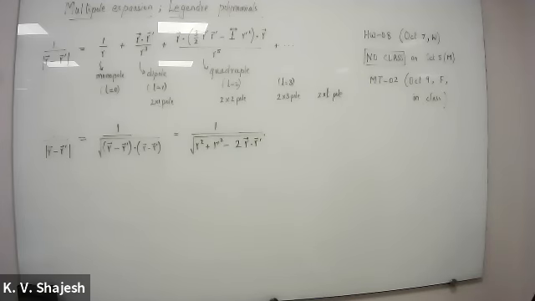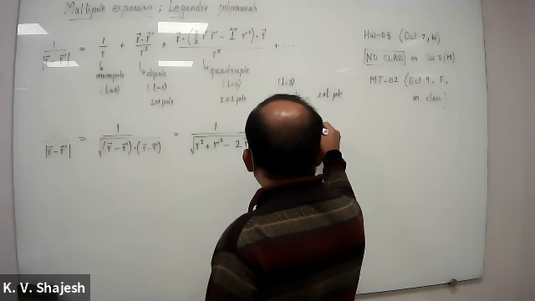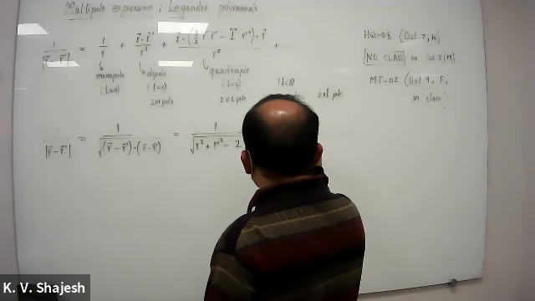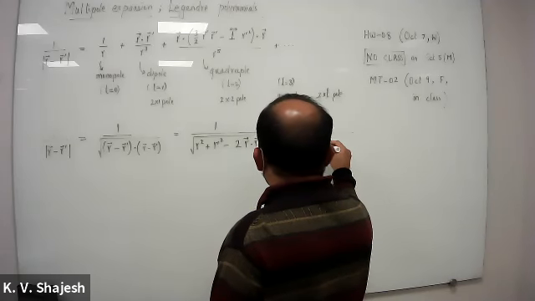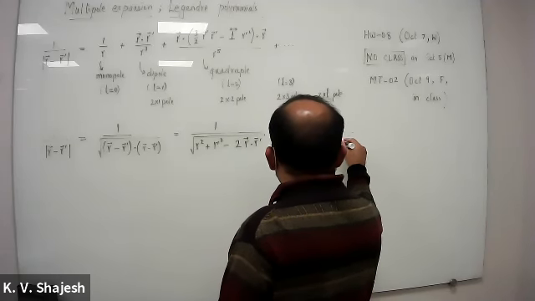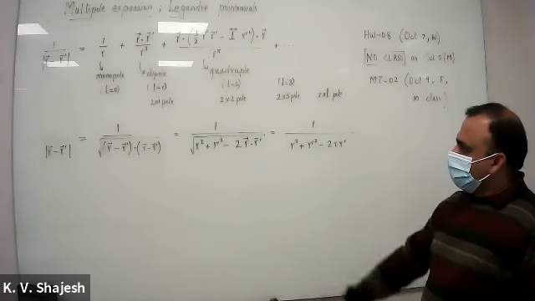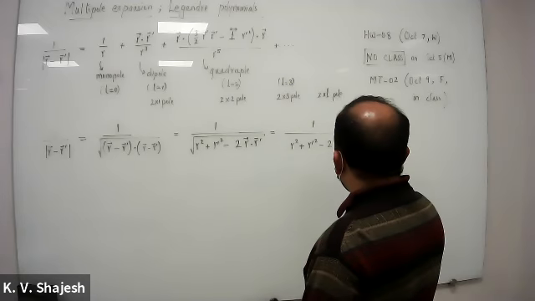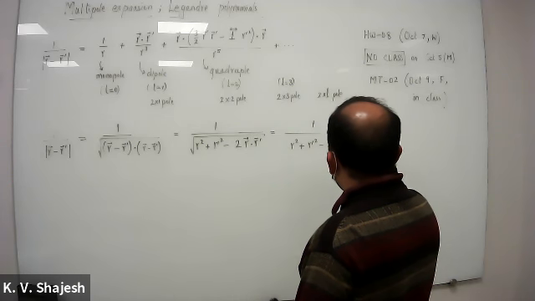And r dotted with r prime, we said, is actually 1 over minus 2 r prime, and r dotted with r prime has this nice feature that it is the angle between the two vectors, right? So this is cosine of gamma.